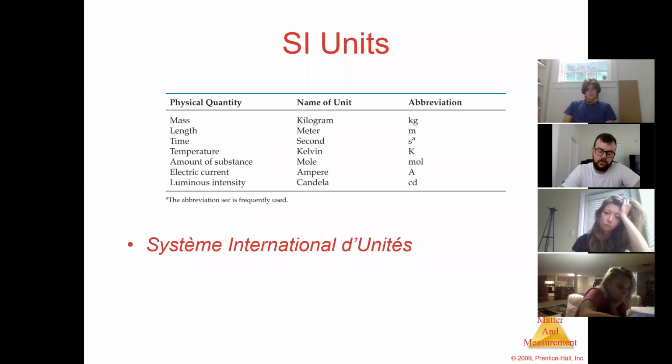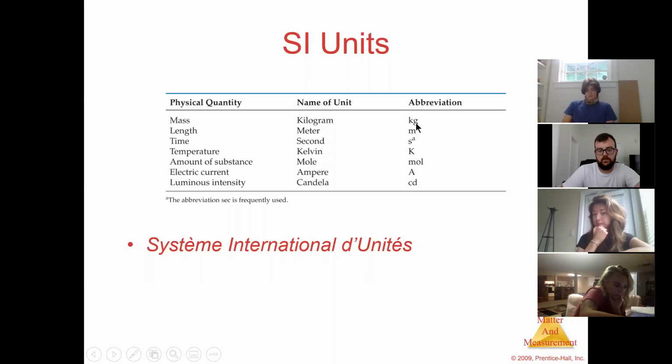The SI units, on the other hand, are all on a base of 10. If you want to go to a bigger unit, you just multiply by 10. If you want to go to a smaller unit, you can divide by 10 step by step. That's why we really like these. For mass, the SI unit is the kilogram. Kilo is a prefix, and we'll talk about what that represents.